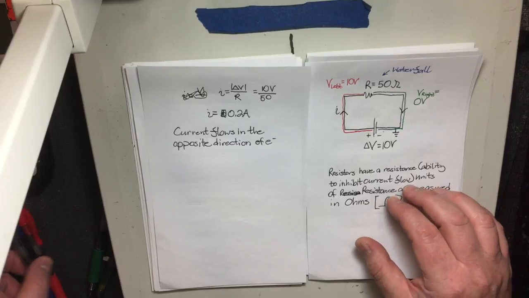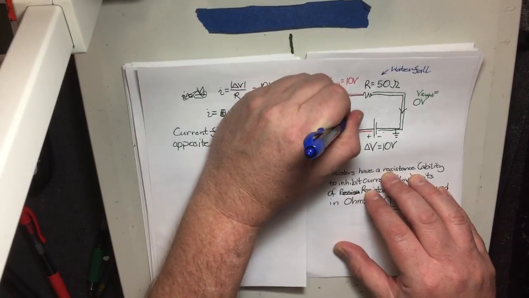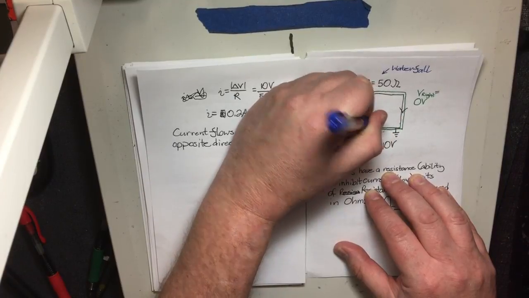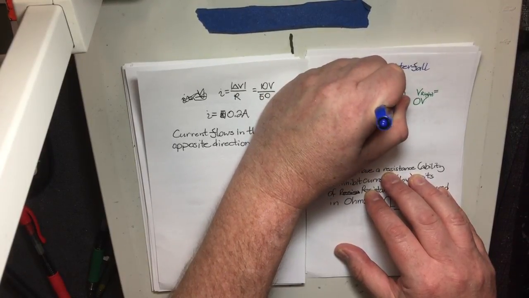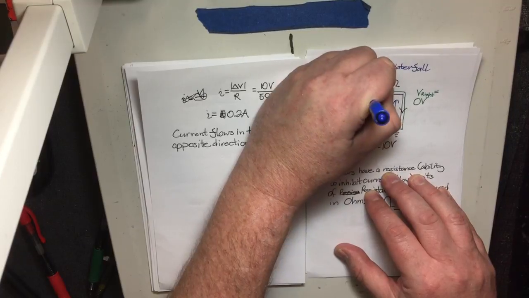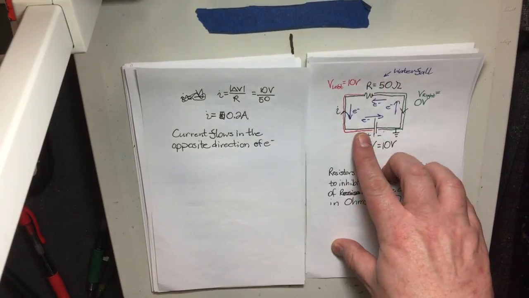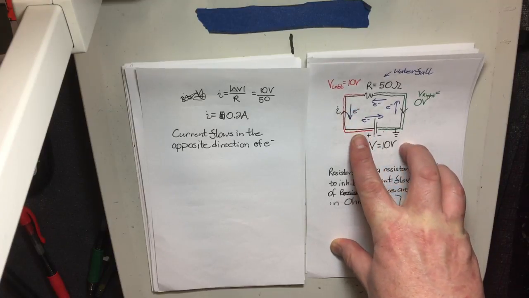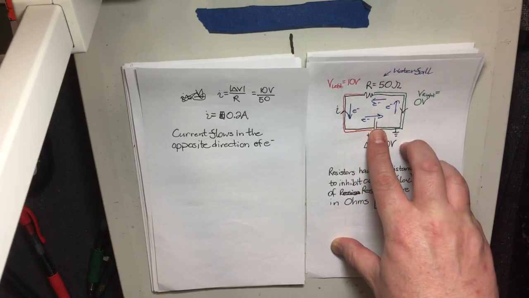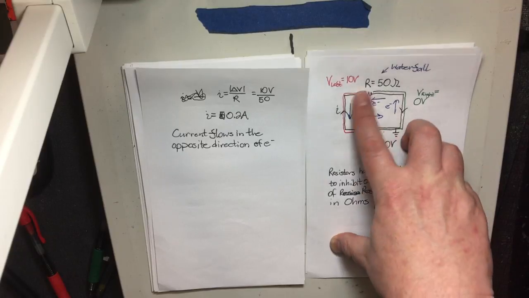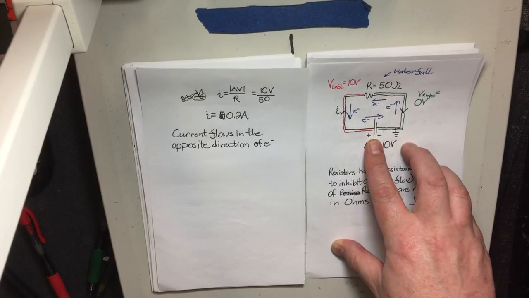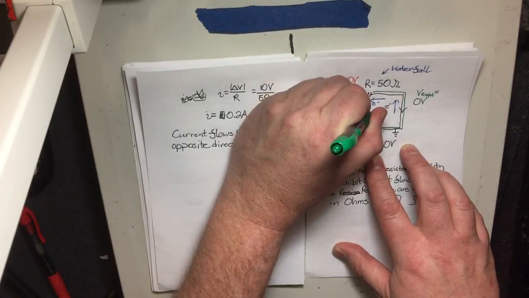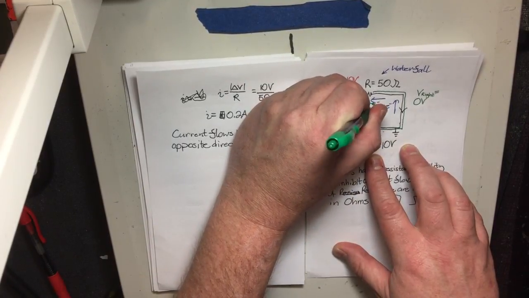but the actual electron flow is going this way. And it does make a little bit of sense, because when you look at the high potential and low potential of the battery, the electrons should flow to the highest and away from the lowest, so they should be spinning in this direction. But the current has it spinning in the opposite direction.